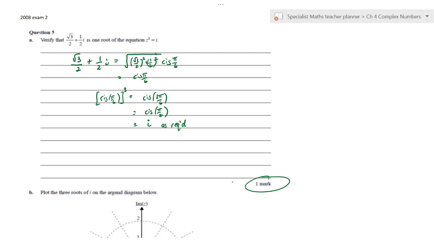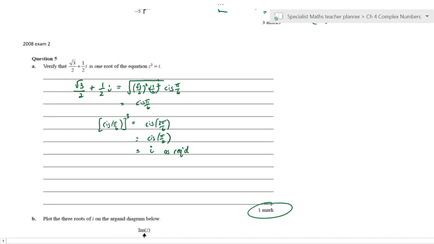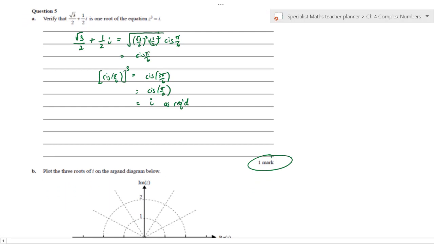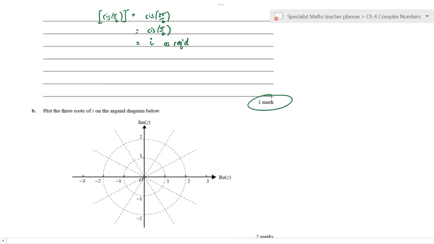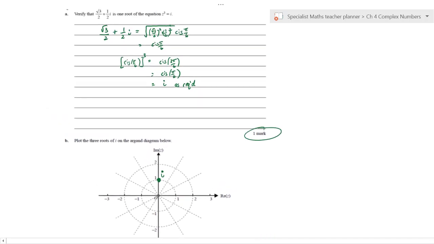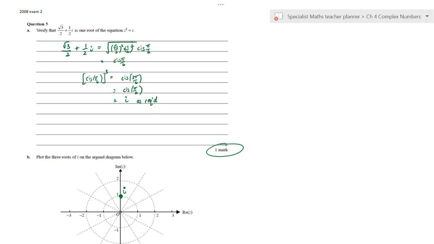Now, it's asking us to plot the 3 roots. Just so you know, one of those roots is i. This is 1 root, so this is i. What happens is the roots of an equation are actually spaced evenly around the Argand diagram.